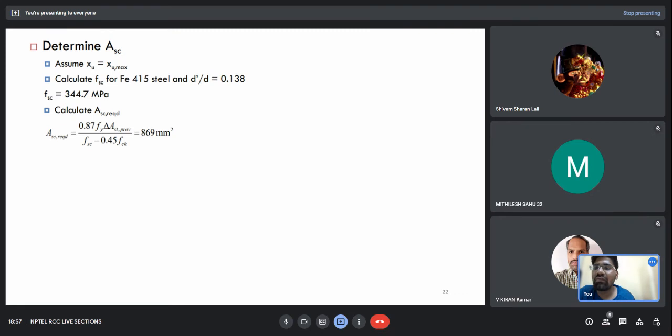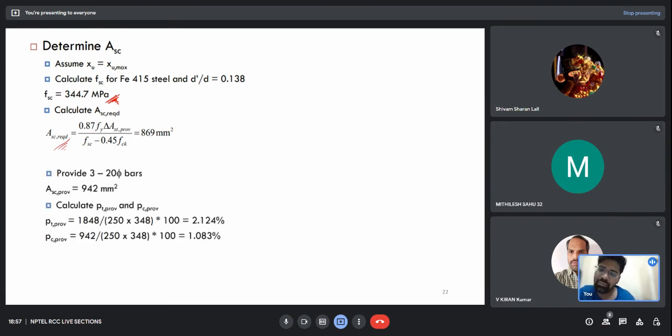Now we have this value of stress in the compressive steel. Based upon that stress, I am calculating the area of steel required, and you can see up here it is coming out to be 869. Again I am assuming some bars of 25, and then I am calculating the percentage of steel in the tensile and in the compression zone.